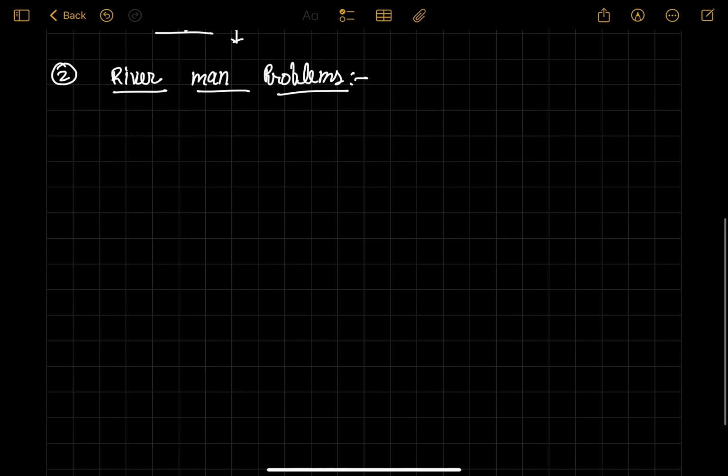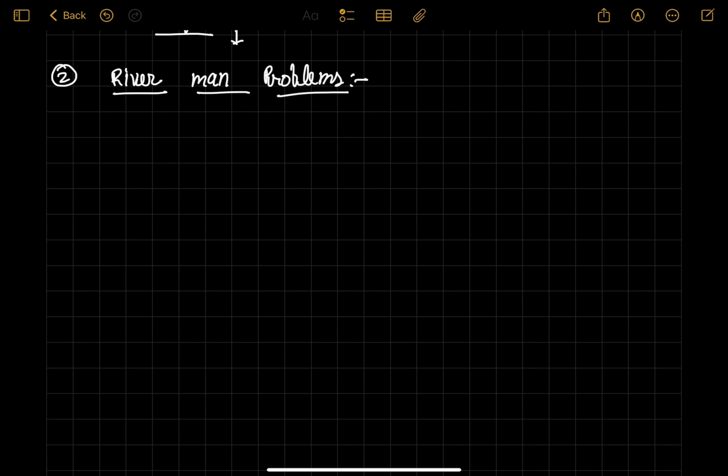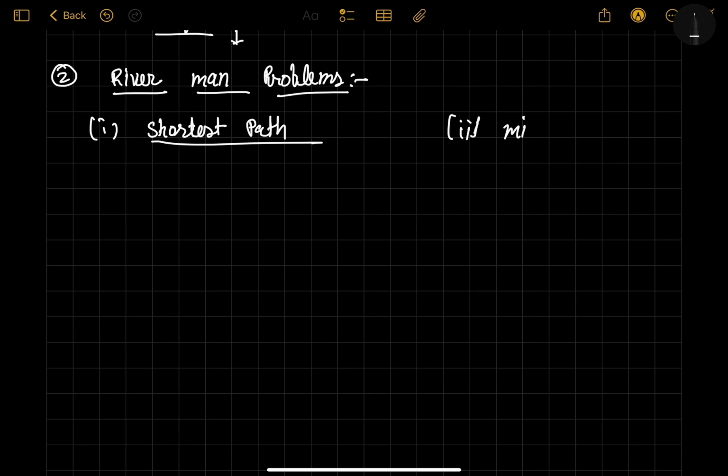The most important questions asked are, first, the shortest path questions, and the second, the minimum time taken questions. So the minimum time to cross the river and the shortest path questions. Let's dive into the shortest path questions.